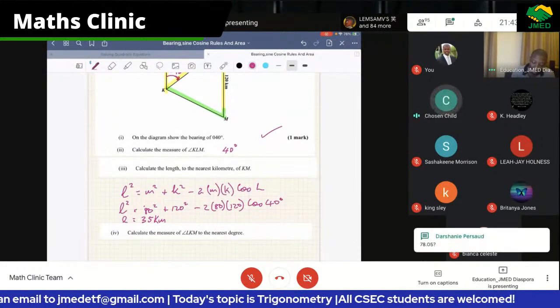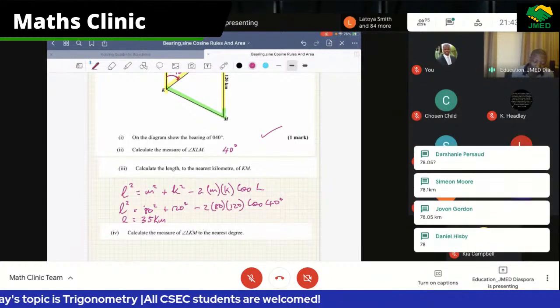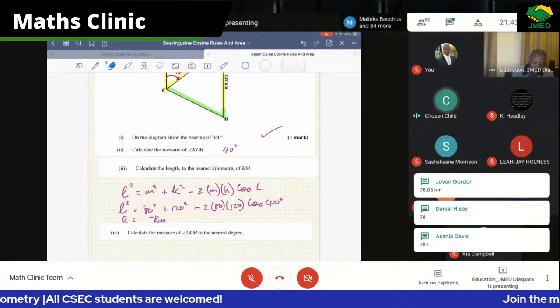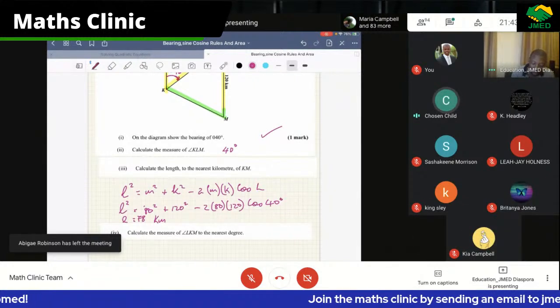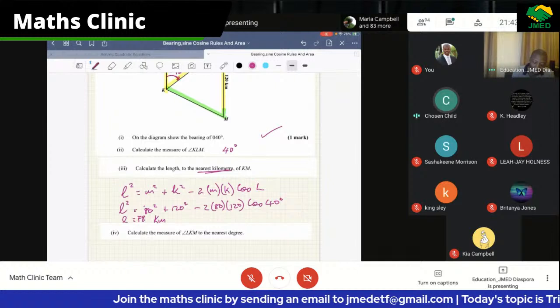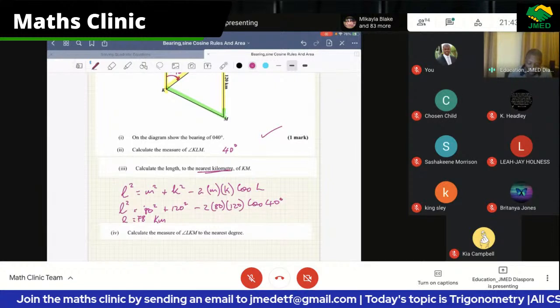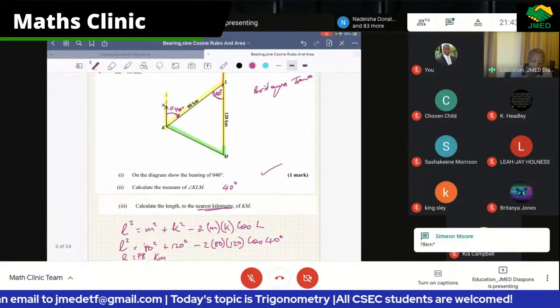So I got 78. Yeah, so 78 is the answer then. 78.05 to this decimal place. But it says to the nearest kilometers. So it's 78 kilometers. Okay.